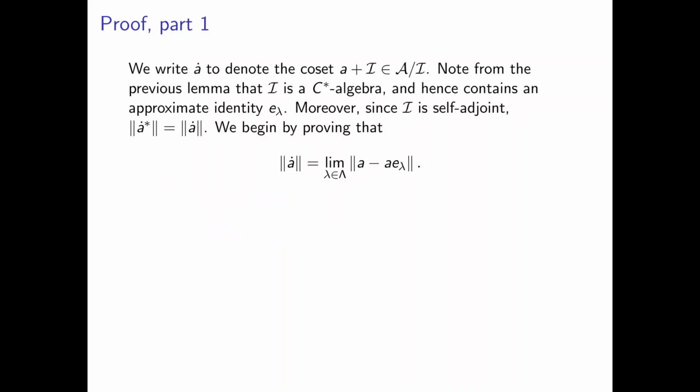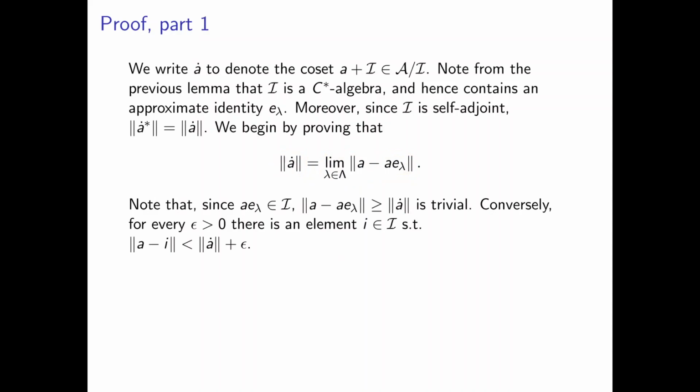And now we begin by proving the following, that the norm of A dot here, which is in the quotient, is the limit of the norm of A minus A times this approximate unit for the ideal. And let's see how this works.